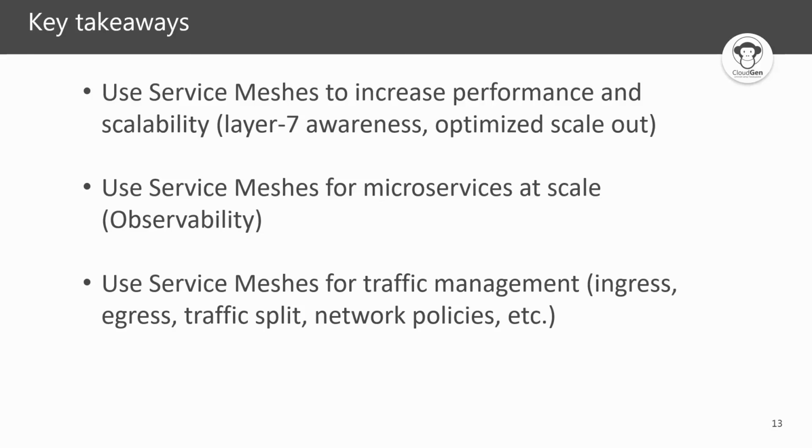You should as well use service meshes for traffic management. Again, I've not shown much there, but that's non-functional: ingress policy, rules, egress, so outbound traffic, and traffic split, which I talked a little bit about in the deployment, so blue-green and so on.